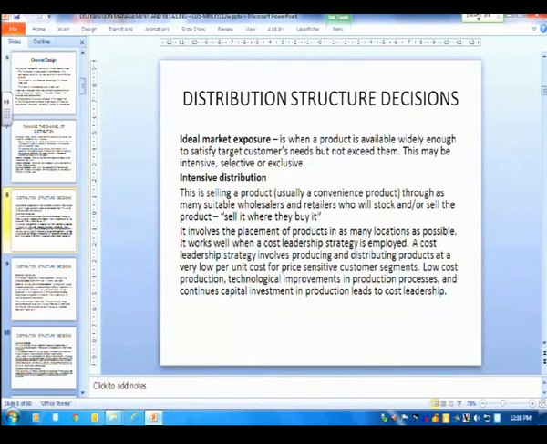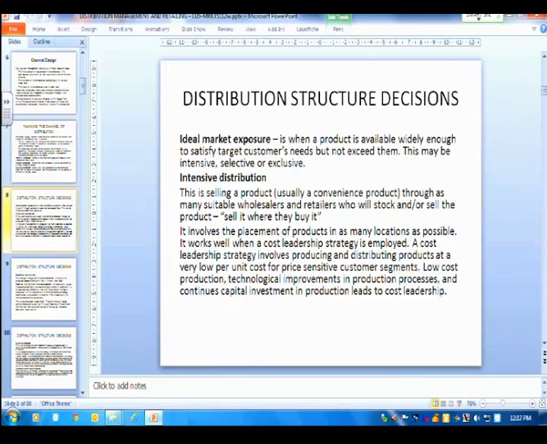This may be intensive, selective, and exclusive. Intensive distribution is selling a product, usually a convenience product, through as many suitable wholesalers and retailers who will stock and or sell the product, meaning sell it where they buy it.